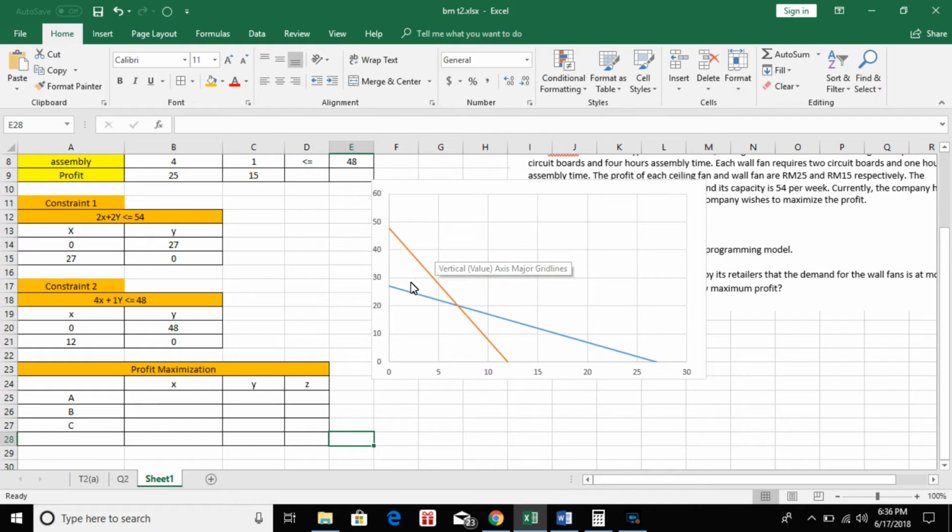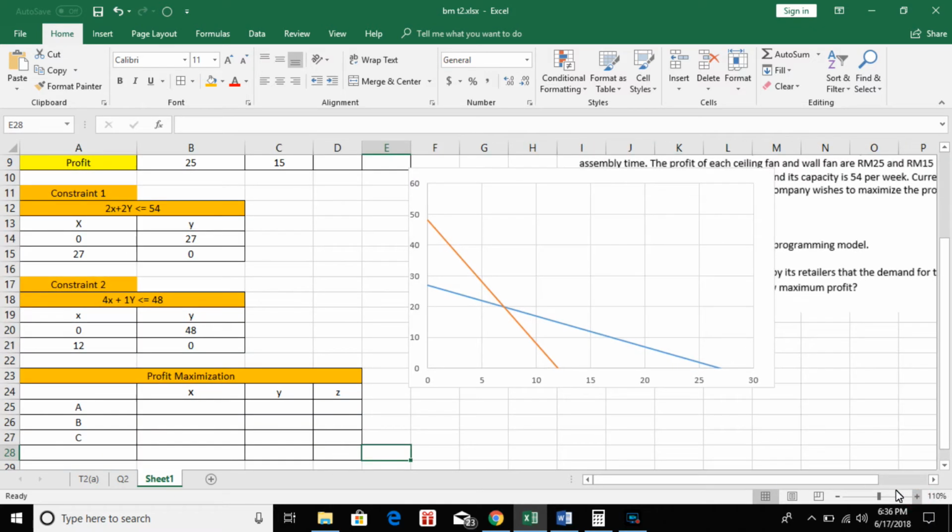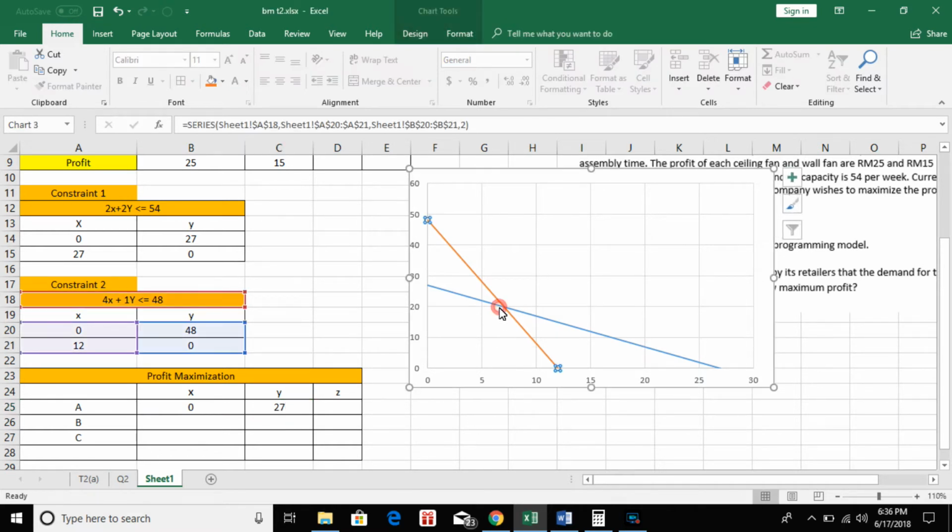So from the graph we already got this point. Our point A is here, 0x and 27y, 0 and 27. But for point B we cannot directly take this point.